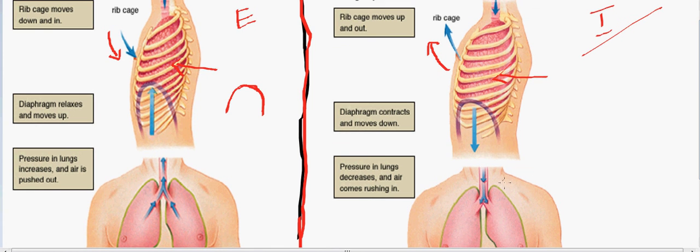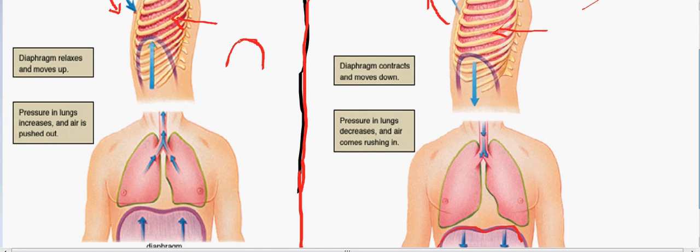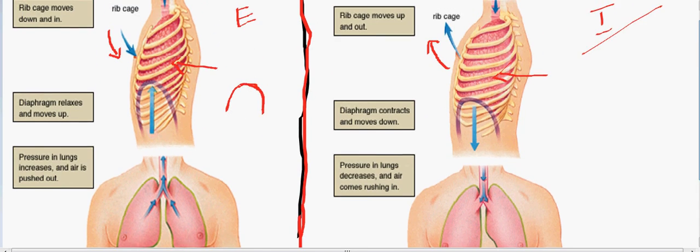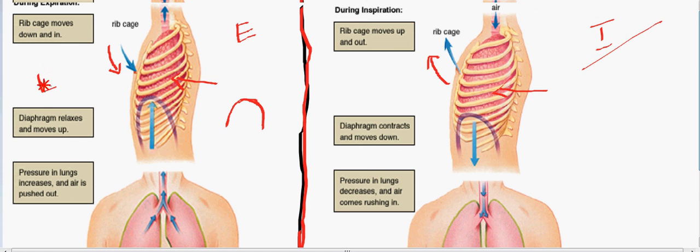But during expiration, the diaphragm relaxes and moves up and attains its previous position. In the expiratory process, we can see that the diaphragm attains its original dome shape over here.